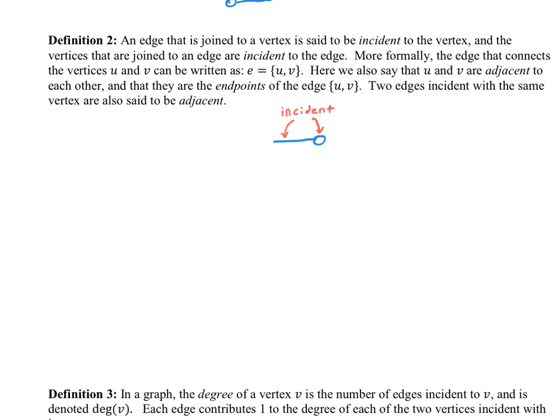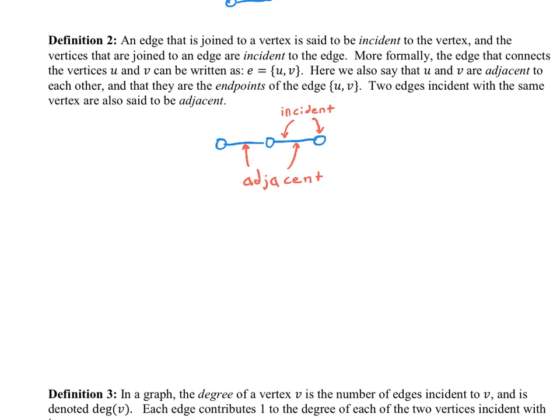If we keep drawing this graph, we will draw another vertex and another edge. Now, the edges that are connecting to this middle vertex are said to be adjacent. Also, the two vertices that are here, this vertex and this vertex, are also adjacent.